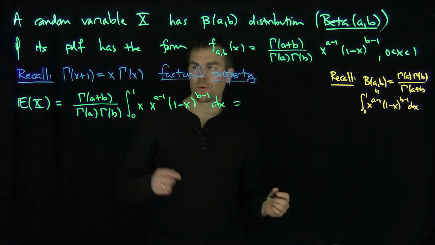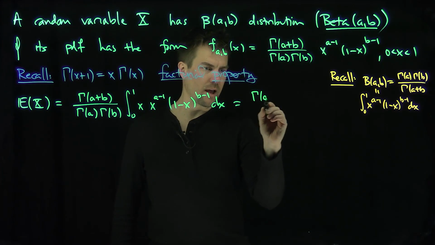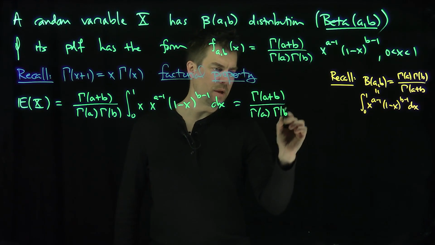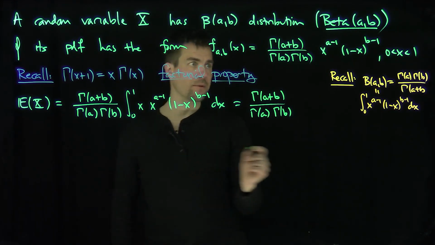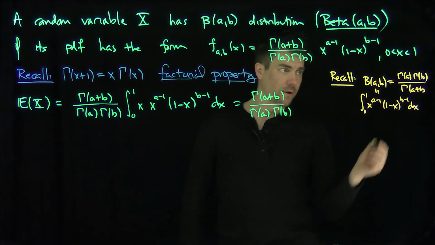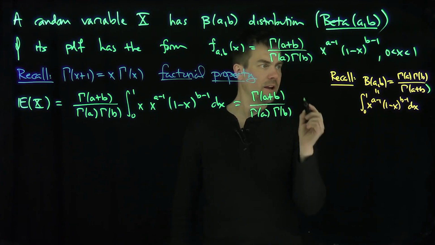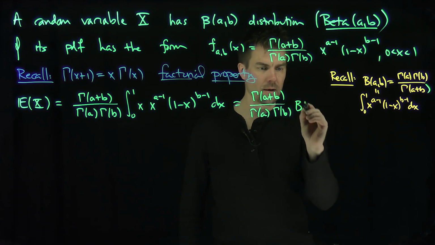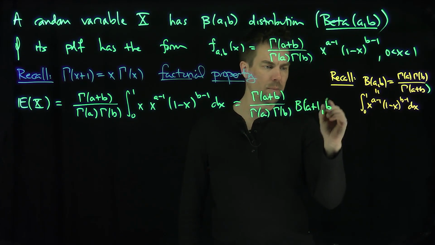And we realize that what this thing is, is the beta function at a plus 1. If I replace a, this is going to be beta of a plus 1, b.